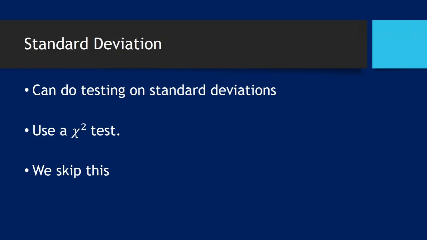That utilizes something called a chi-squared test and a chi-squared distribution. Actually, in our book, that's chapter 11, and we skip over that stuff. So I just wanted to mention that the most popular testing we do is for proportions and for averages. You can do testing on lots of other things too, but we're just going to focus on proportions and averages in this class. So that's the end of chapter 9.